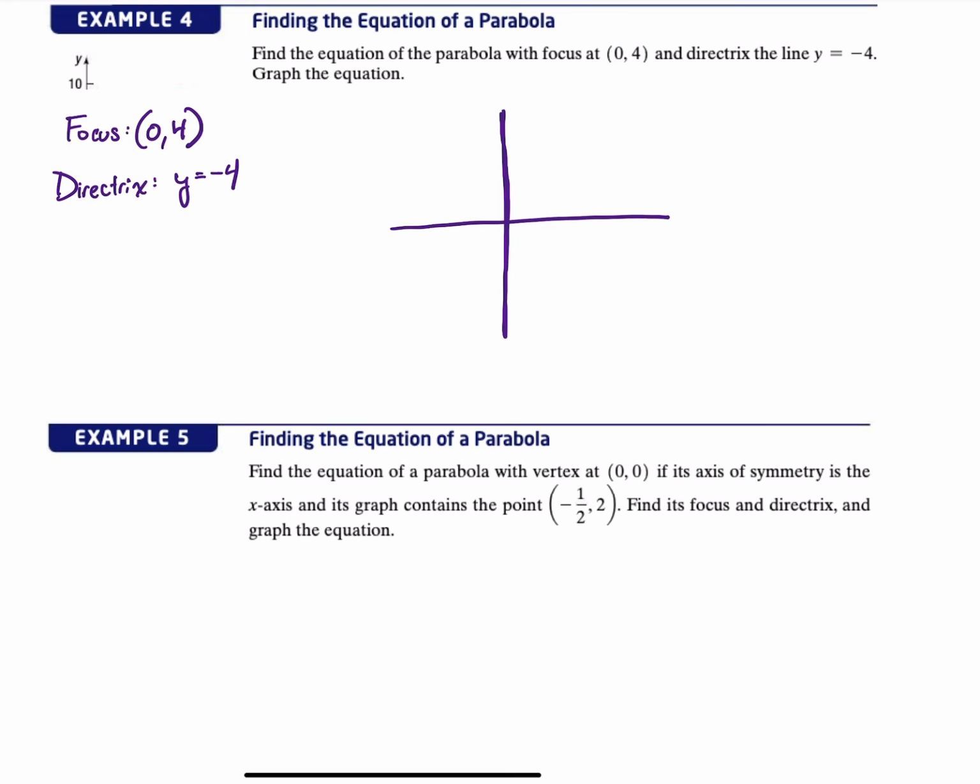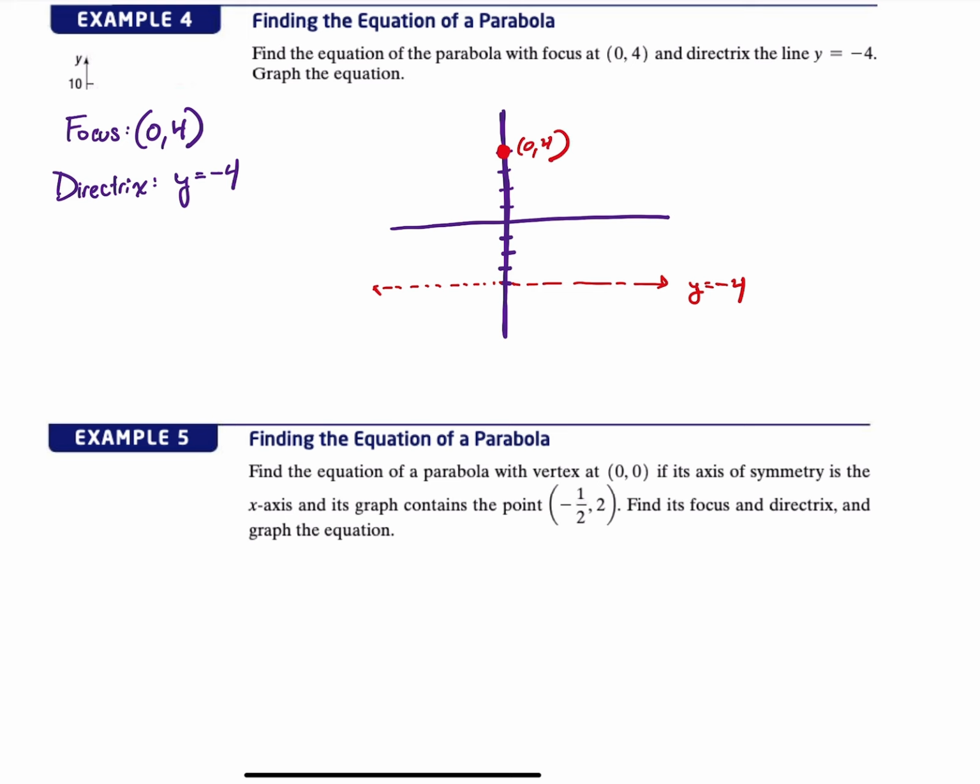So if our focus is at 0, 4, that means it's up here, 1, 2, 3, 4, on the y-axis. So I'm assuming some vertically opening parabola. And it says the directrix is at negative 4. 1, 2, 3, 4. So where should the vertex be?